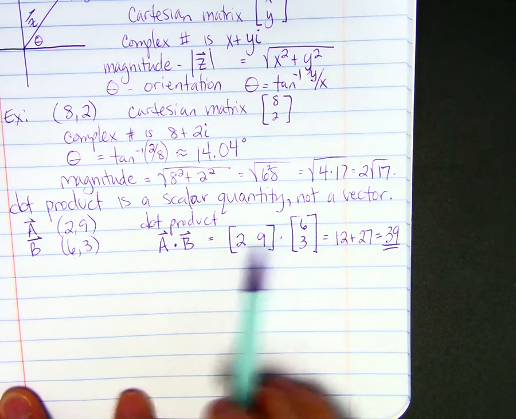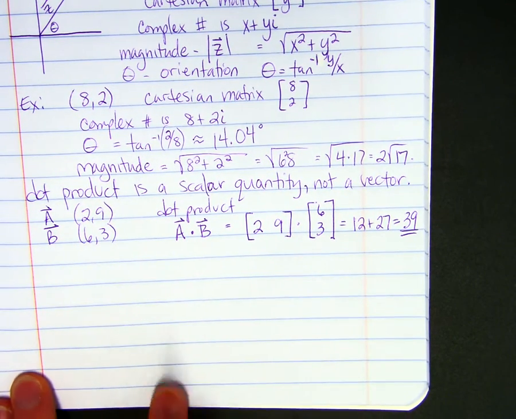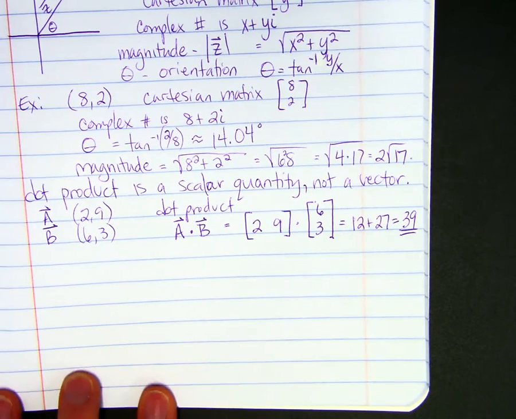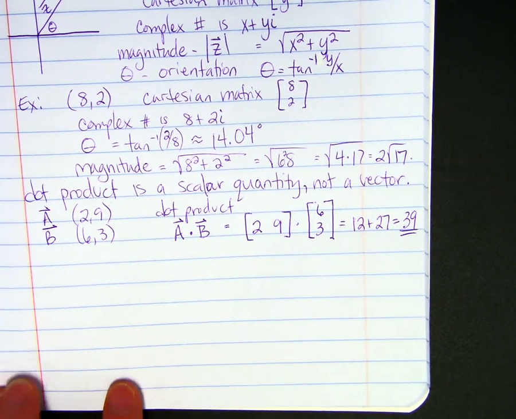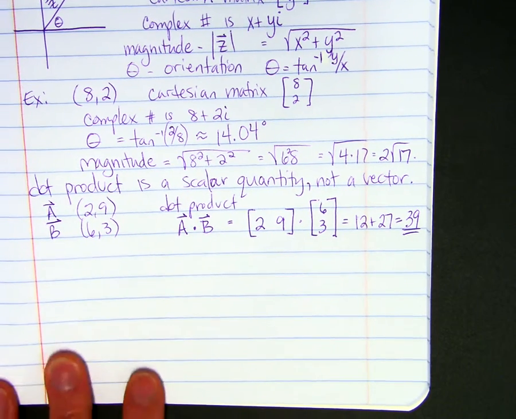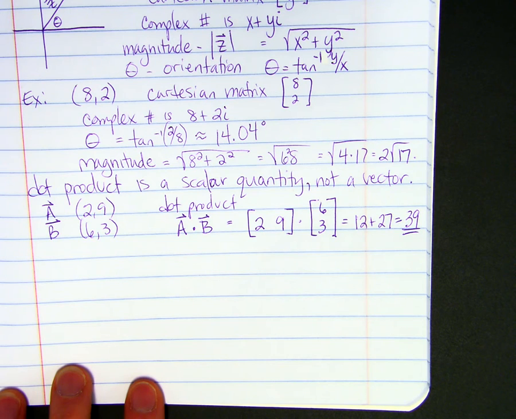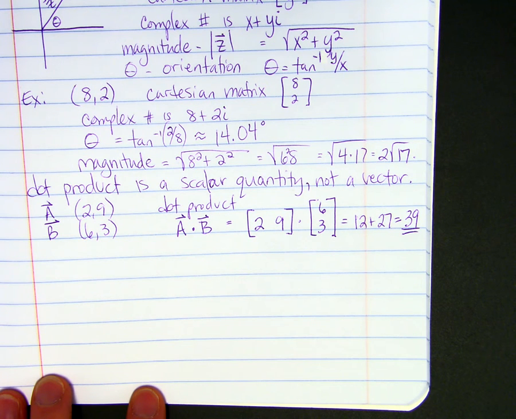So we found it this way, which I think is a lot easier. But we're going to do the angle measure between two vectors. To find the angle measure between two vectors, you can find the value of theta by setting the equations equal to each other and solving for theta.